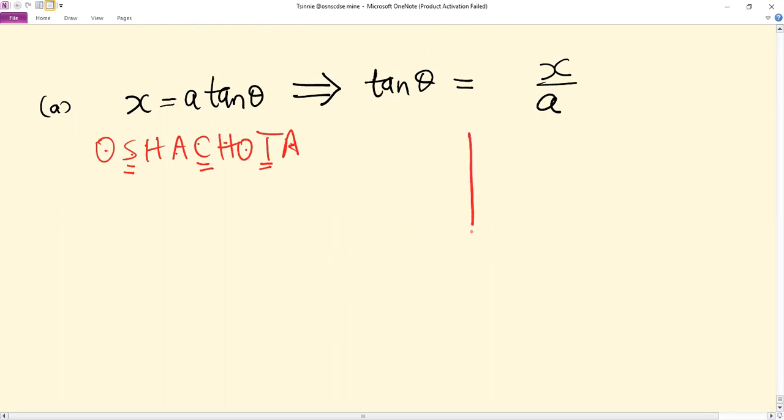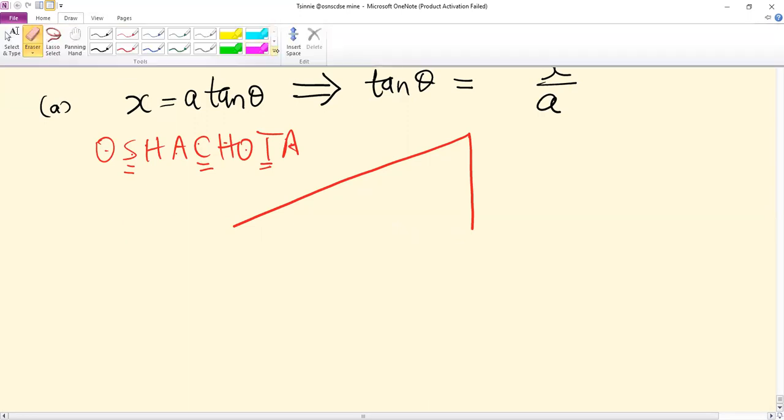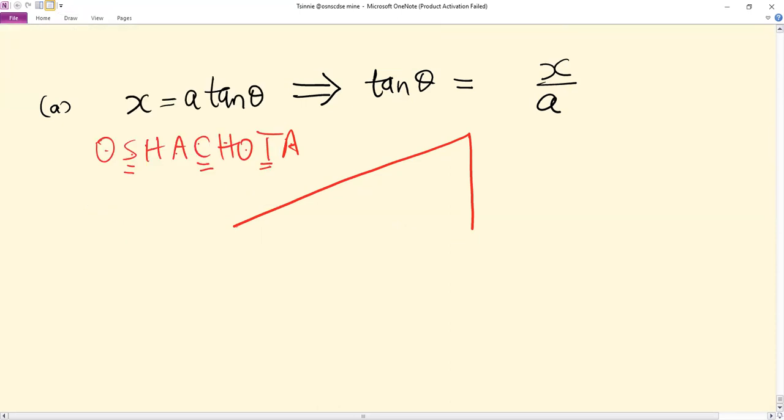So when you draw a right angled triangle, this angle we call theta. From SOH CAH TOA, tan is opposite over adjacent.